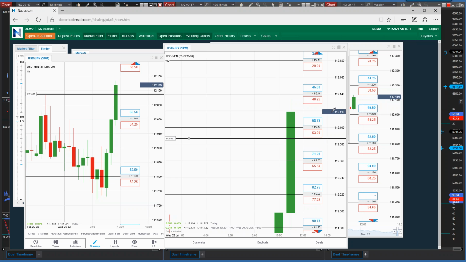But again, knowing that it should take out this high right here at 112.08, to me, this was the advantage. Not within the premium, but knowing it should take out this high, because we are in an uptrend. Does that answer your question, Bob?